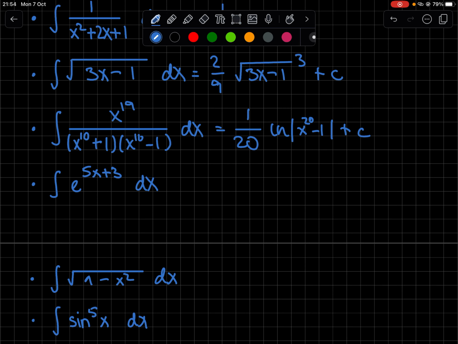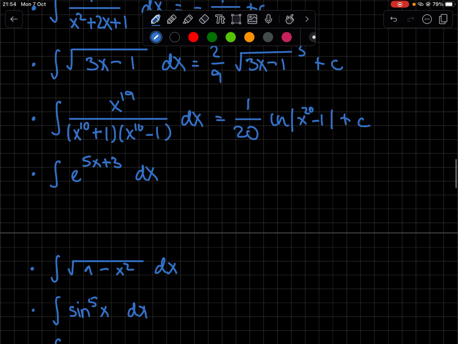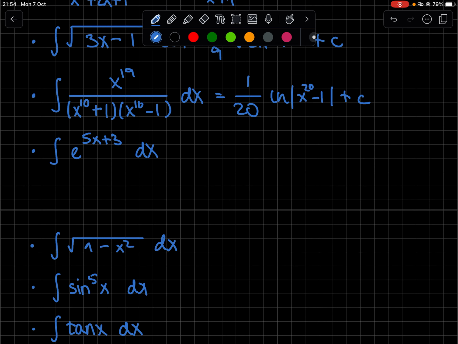Okay. Next one is e to the power of 5x plus 3. What we can do here is rewrite this as e cubed times the integral of e to the power of 5x, right, by exponent rules, and then e cubed is just a constant multiple.